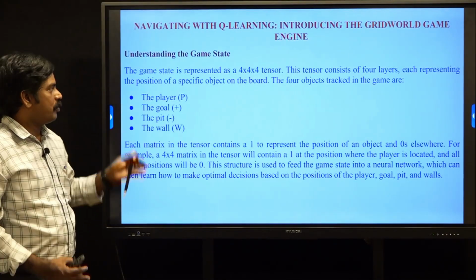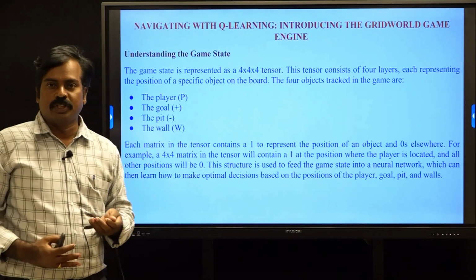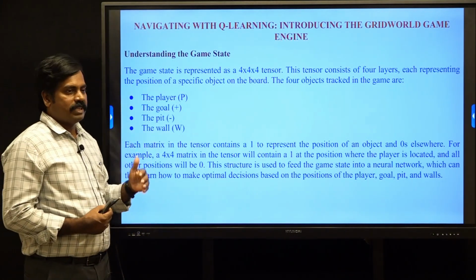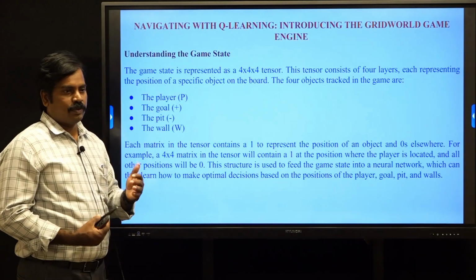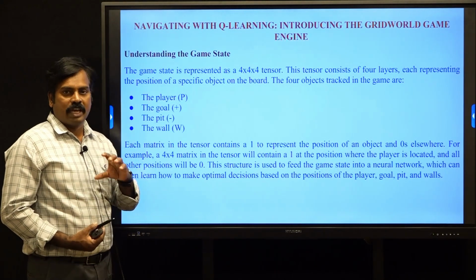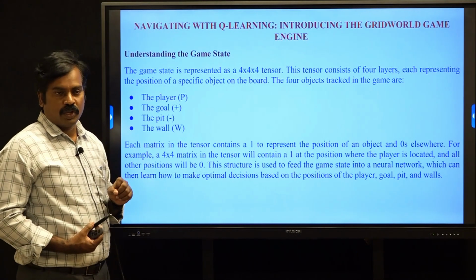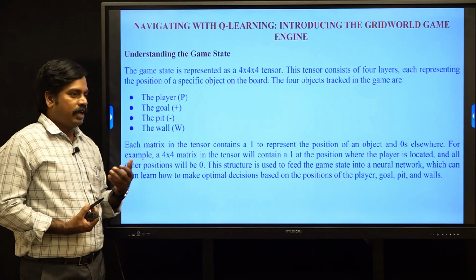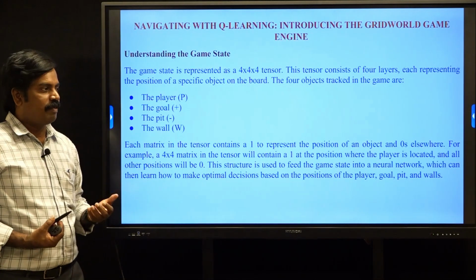This is the game engine, the game environment. We have to implement this game using neural networks. Using neural networks, the game state is the input to the neural network. So the neural network receives the input from the environment state.